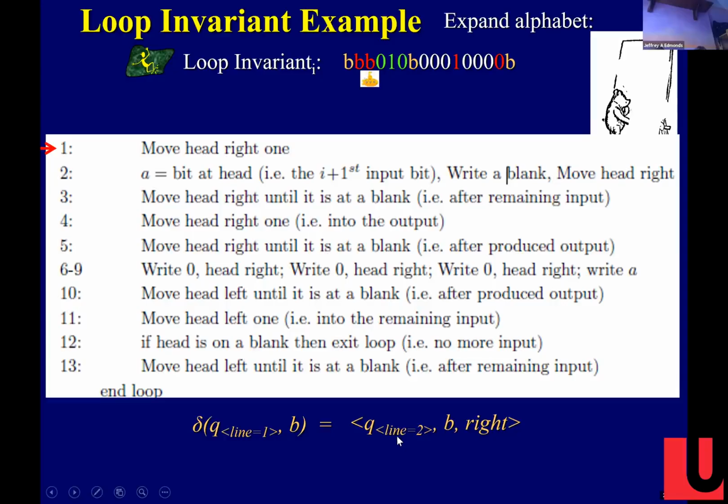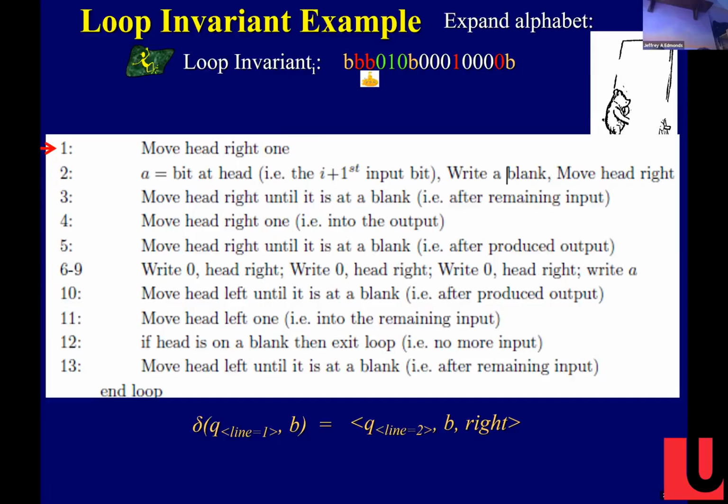And what character should I write before I move over? Well, I don't want to mess up that blank. It was a blank, so I'm going to write the same blank. And what direction do I move the head? It told me to move right. So I move the head right. Does that make sense? Everybody good? There, we have done line 1.